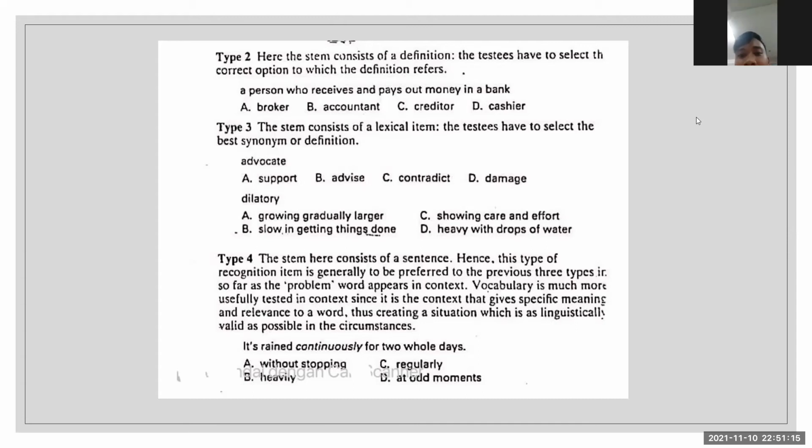It is the context that gives specific meaning and reference to a word, thus creating a situation which is as linguistically valid as possible. For example, it rained continuously for 2 whole days. So choose the correct answer.